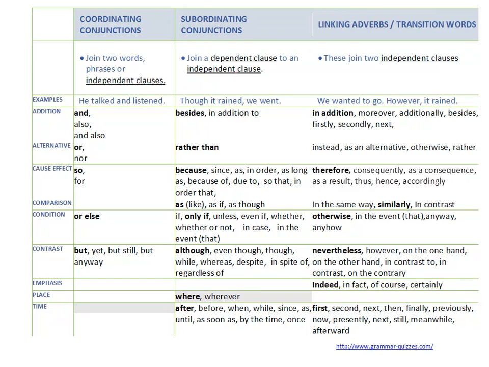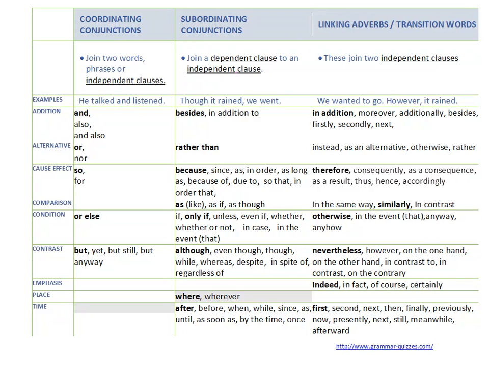For example, these relationships can be of addition, which for independent clauses can be "and" or "and also"; for subordinating conjunctions could be "besides"; or for transition words could be "firstly, secondly, and next." They can also create a relationship of alternativeness, in which we offer an alternative: "or," "rather than," or "otherwise."